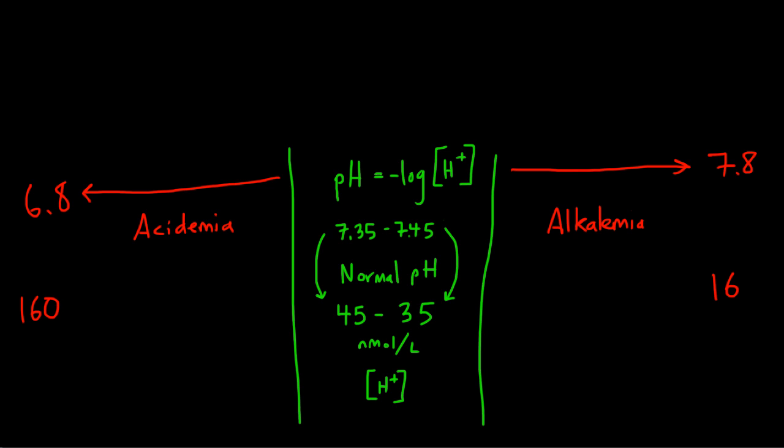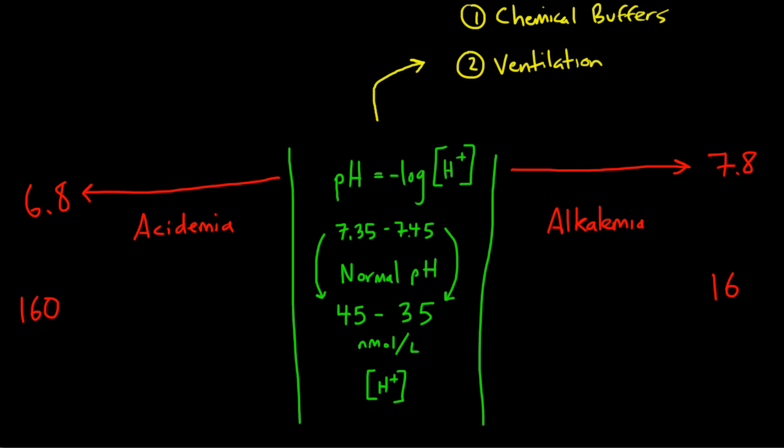So how does your body actually stay within this normal, healthy range of pH? There are three main mechanisms. One is chemical buffers. Two is ventilation for CO2 excretion via the lungs.